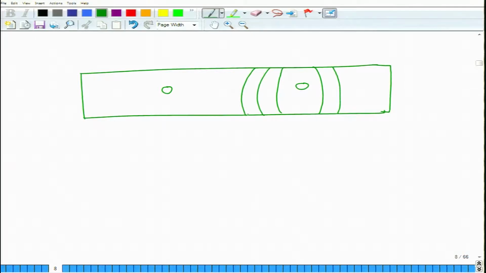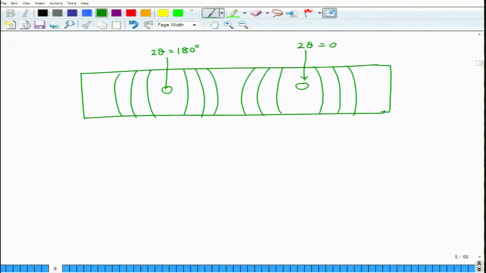This is how you will get your X-ray diffraction pattern. This is for 2 theta 0 degrees, the transmitted side, and this will be 2 theta 180 degrees for the backward side. This is how you will have diffraction taking place.